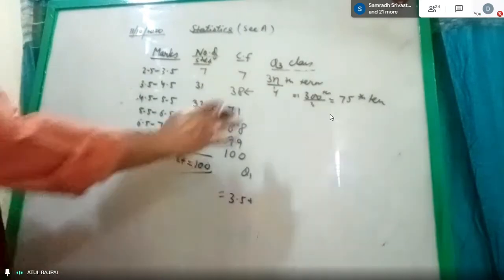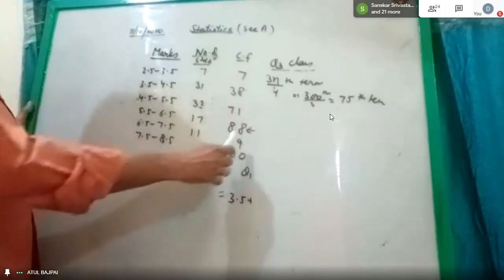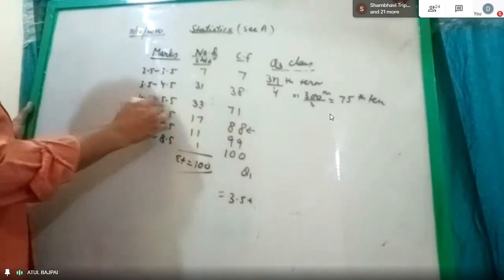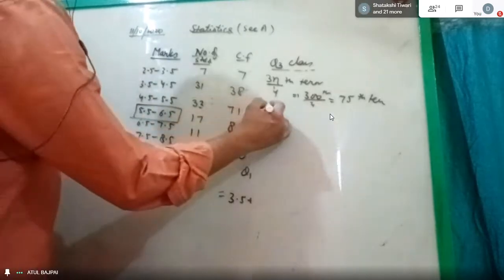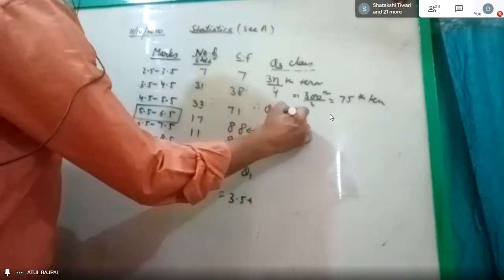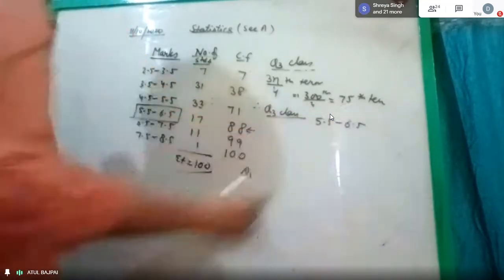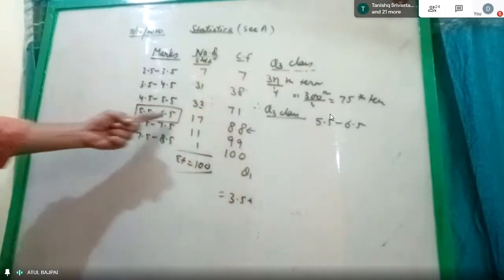Yes, sir. 75 will lie in this group, so this becomes the upper quartile class. Therefore the upper quartile Q3 class is 5.5 to 6.5. Check, is it correct? 75 means more than 71, less than 88. This will be the class interval.